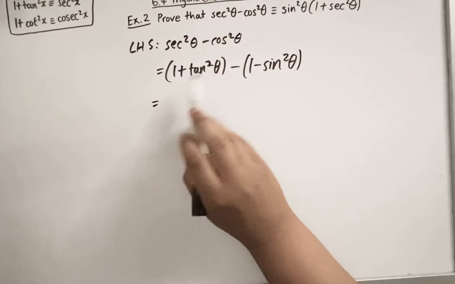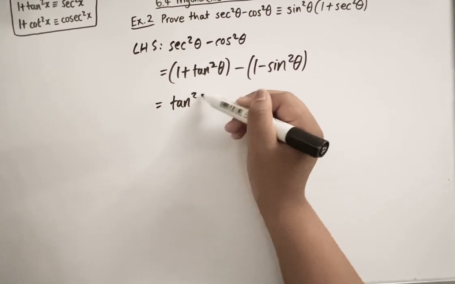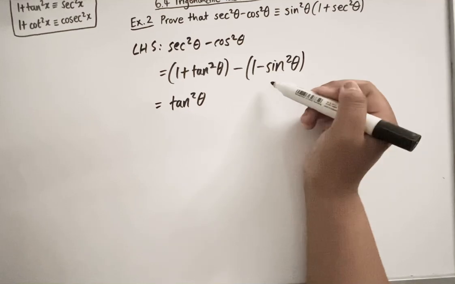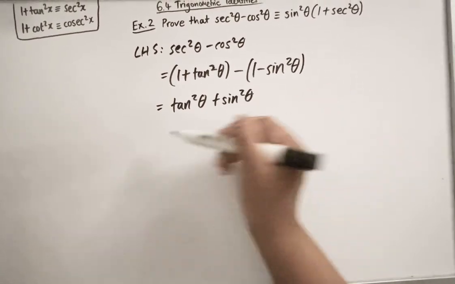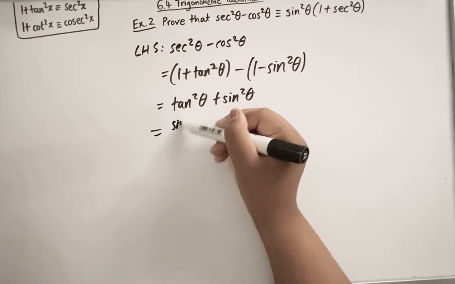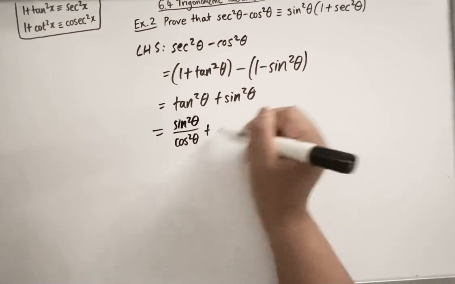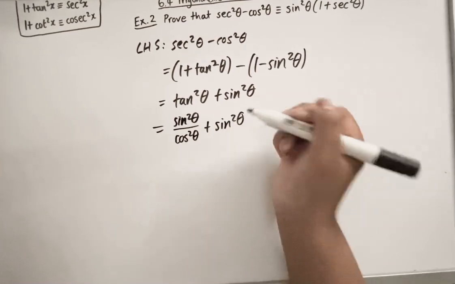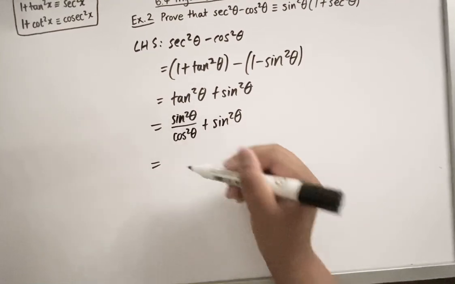Now the 1 and the negative 1 will cancel, and so we're left with tan squared theta minus negative sine squared theta, so it's plus sine squared theta. Tan theta is sine theta over cos theta, so this is sine squared theta over cos squared theta plus sine squared theta. And we can factor out the sine squared theta because it's in the numerator and it's here.